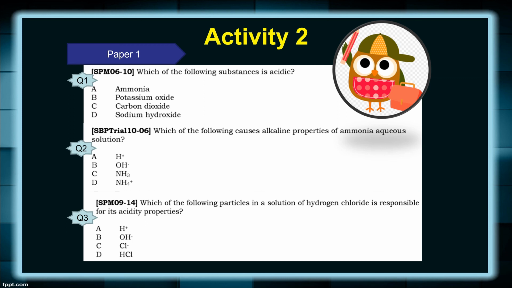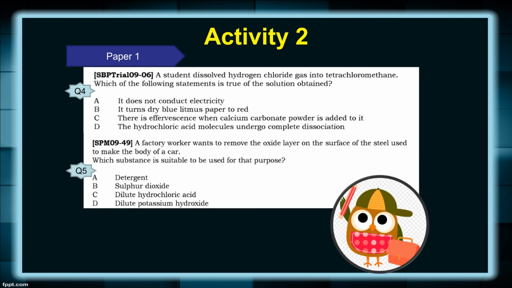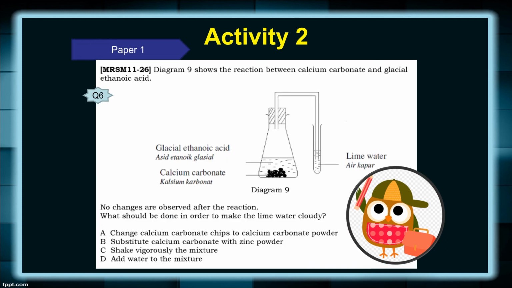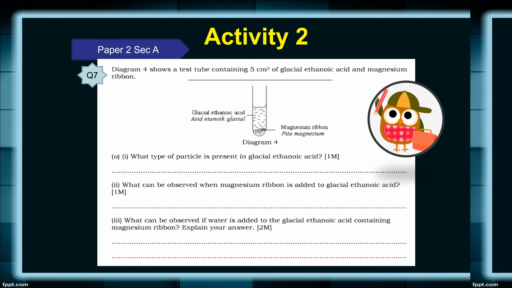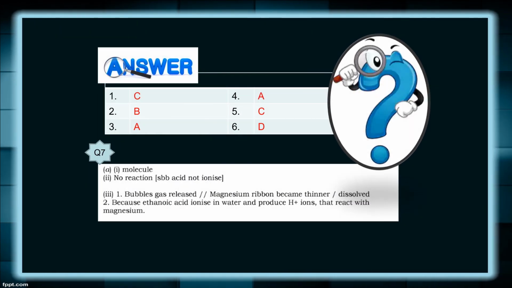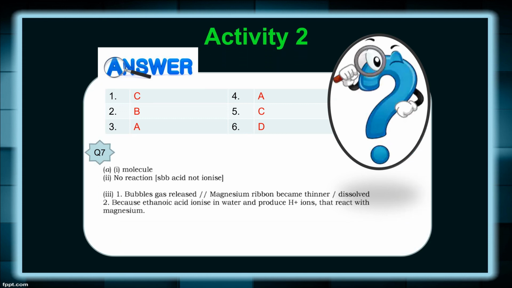This activity 2 consists of 5 objective questions. You may try out first, and paper 2 questions. At the end of this, I've submitted the answers for you to check by yourself. Okay, good luck.